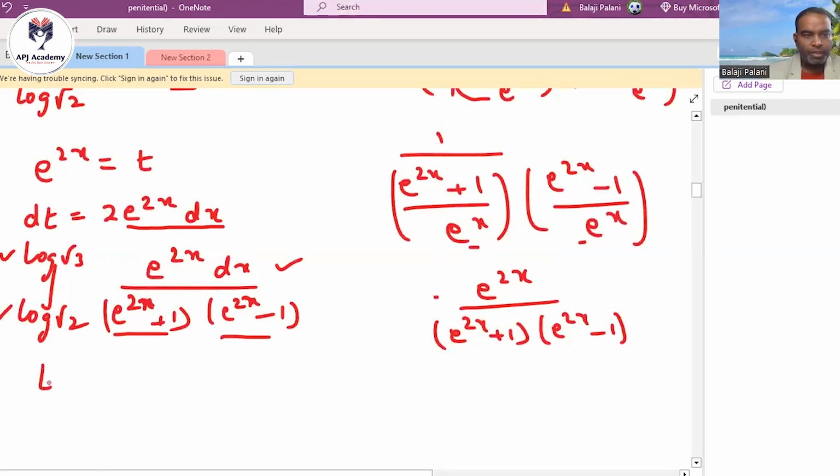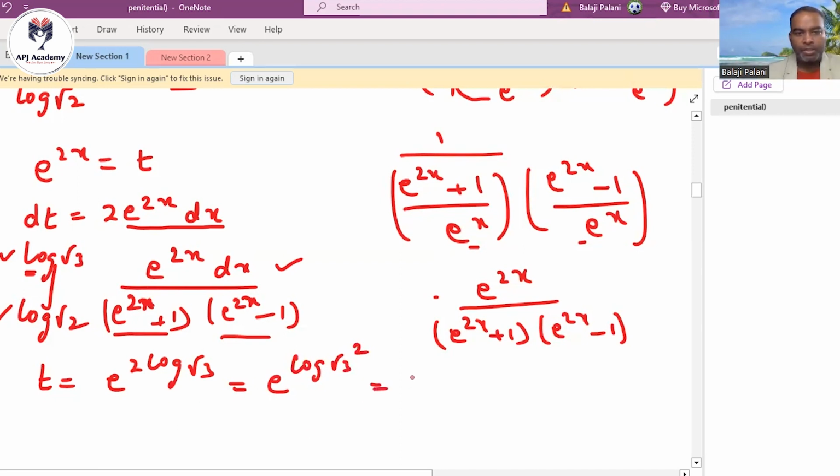So t is equal to e power 2 log root 3. First, I'm substituting x க்கு பதிலா log root 3, the upper interval. So இது என்ன change பண்ணலாம்? This is e power log root 3 power 2 using log rules. Log a power m is m log a.